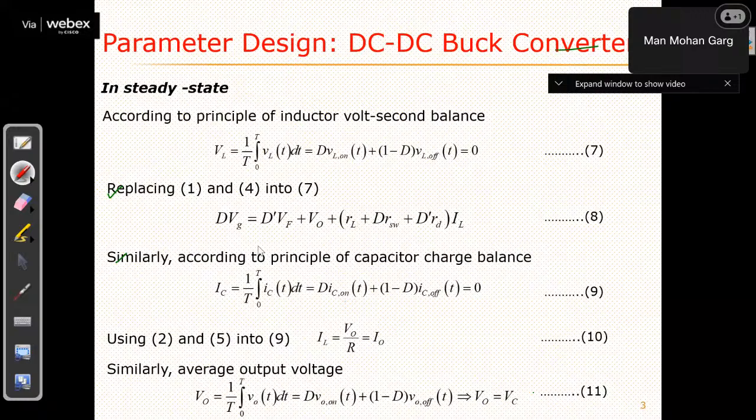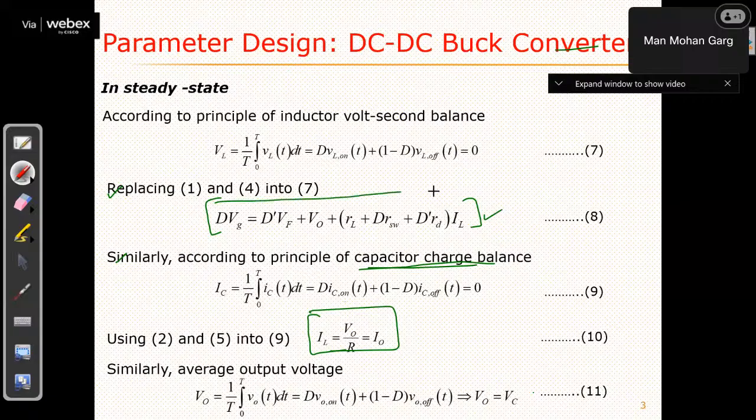Through volt second balance, we get this equation: the inductor voltage in on condition times DT plus inductor voltage in off condition times (1 minus D)T. Second, we do capacitor charge balance, and we get this relation. Now we have obtained those two relations, right?